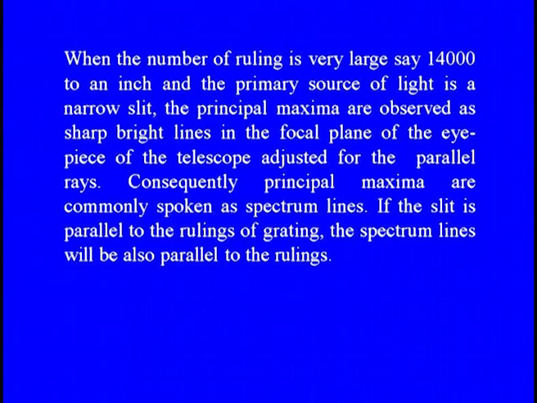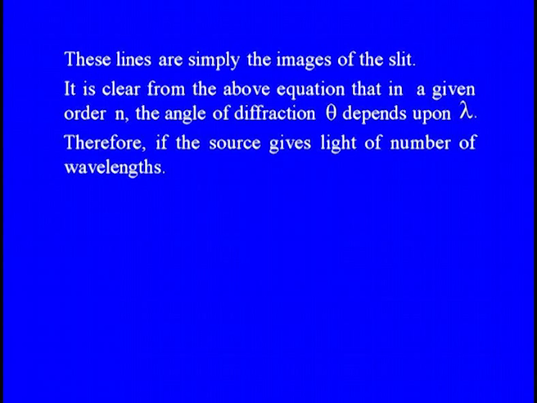Consequently, the principal maxima are commonly spoken of as spectrum lines. If the slit is parallel to the rulings of the grating, the spectrum lines will also be parallel to the rulings. These lines are simply the images of the slit.